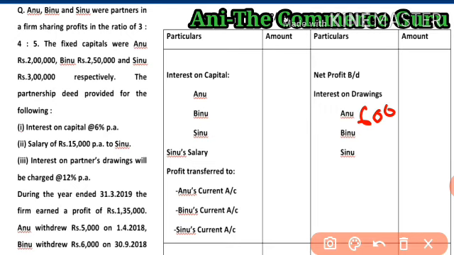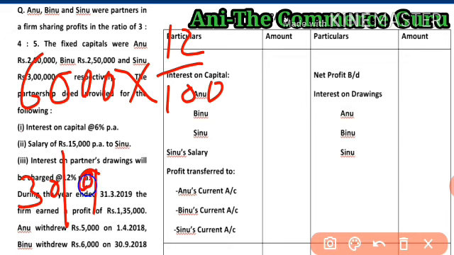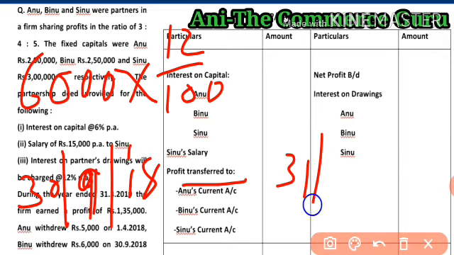Same way we need to calculate Binu's interest on drawing. Binu's amount of drawing is 6,000 into a rate of interest on drawing of 12%, and the date of drawing for Binu is 30th September 2018, and the year ending is 31st March 2019.